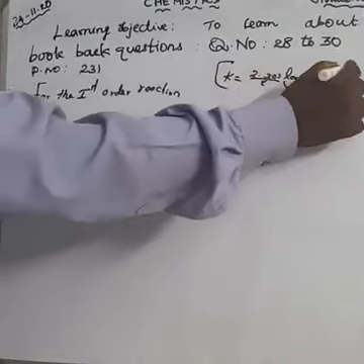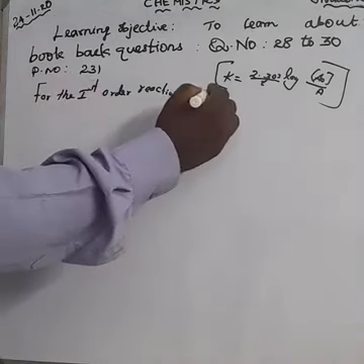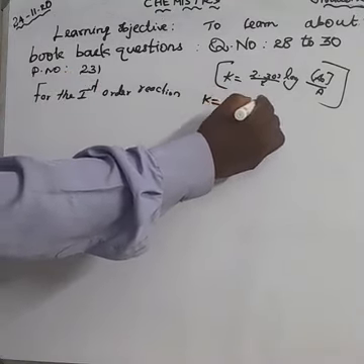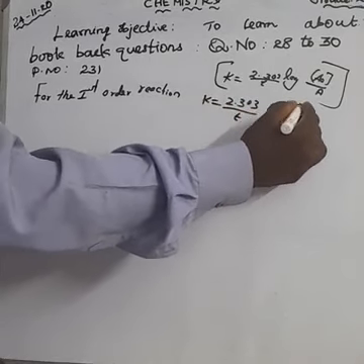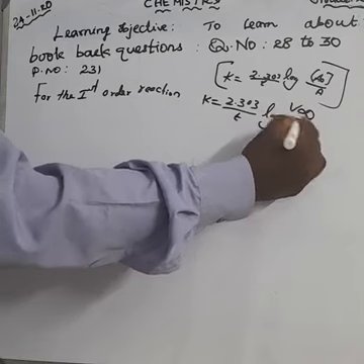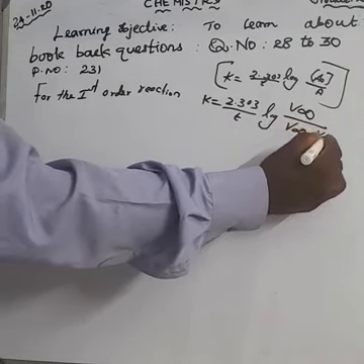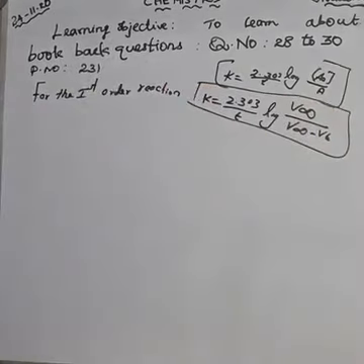Clear? Here, for this problem, we have to take this formula: K is equal to 2.303 by T log V infinity divided by V infinity minus Vt. Right? This is the formula.